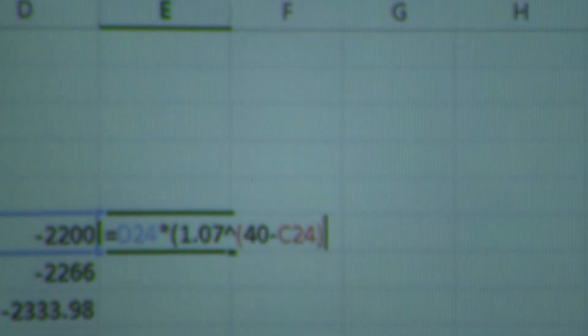Have you all seen that? Yes, question? Would you use as your PMT when you do the future value? I can't hear you. What do you use for PMT in that? Nothing. There is no payment.